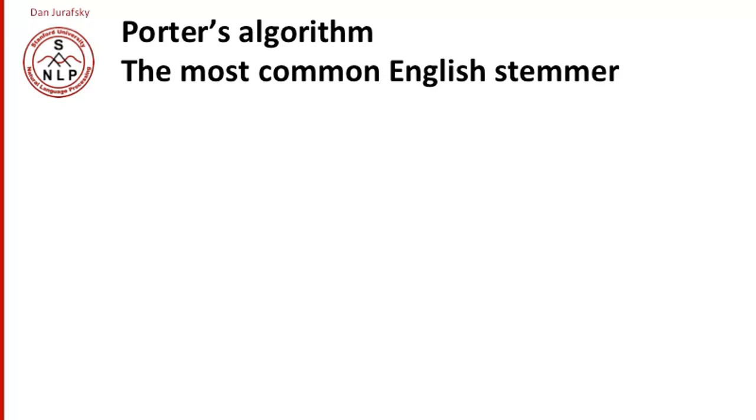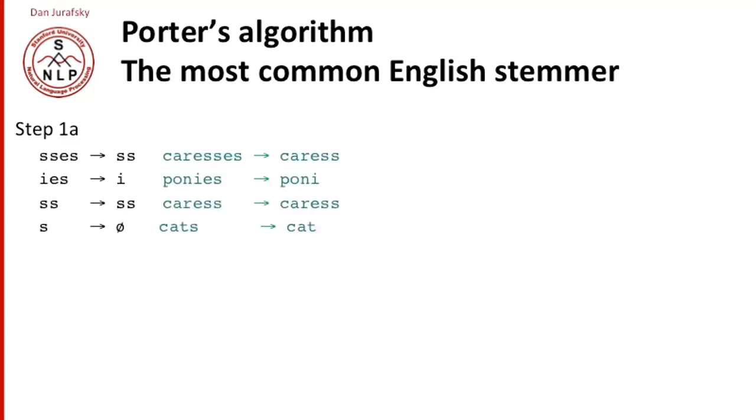The simplest algorithm, the most commonly used one for simple stemming of English, is the Porter algorithm. And Porter's algorithm is an iterated series of simple replace rules. So, for example, one set of rules, step 1a, takes strings like SSES and replaces them with SS. So in a word like caresses, it chops off the ES of caresses.